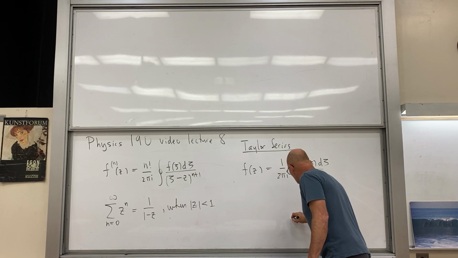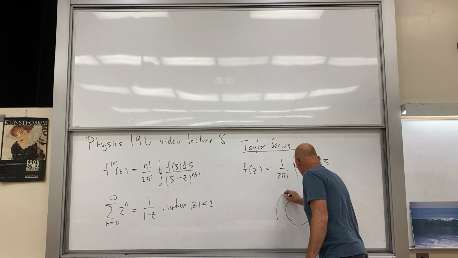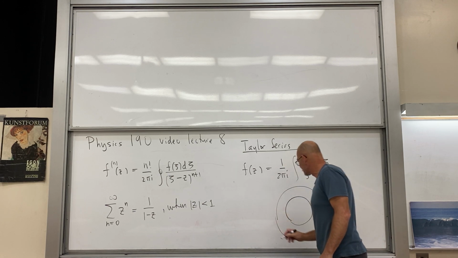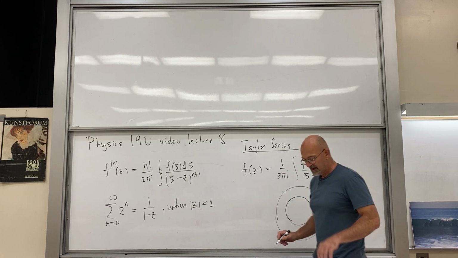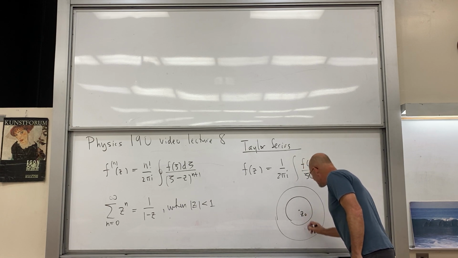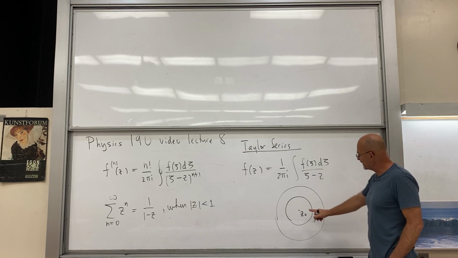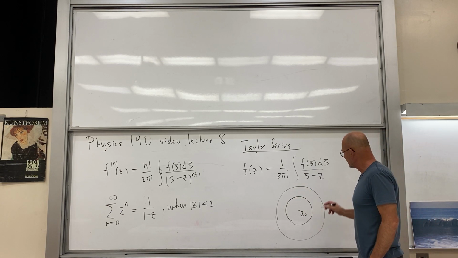Let's draw two concentric circles here, and we're going to put the point about which we expand, we'll call z sub 0, in the center of both concentric circles.